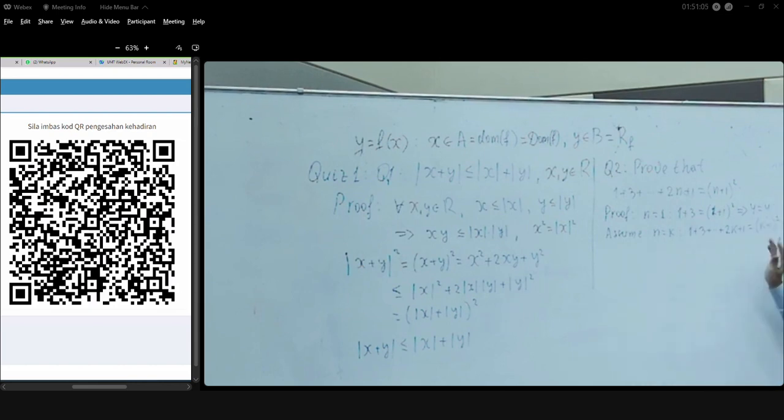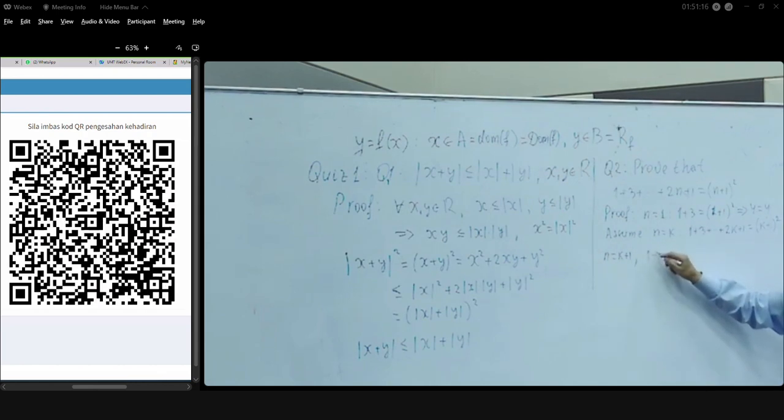So this one, assume holds. Now for n equal to k plus 1, we have to show it. So when n equals k plus 1, 1 plus 3 plus and so on plus 2k plus 1 plus 2(k plus 1) plus 1.